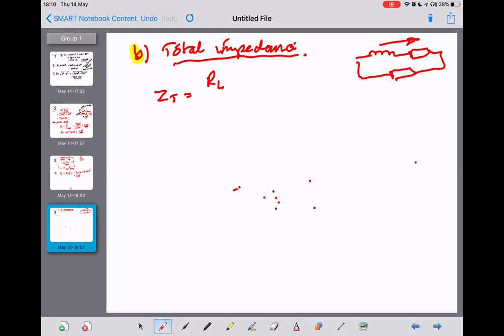This is where you can get hung up in notation: RL, XL. No, I'm still doing it wrong, aren't I?